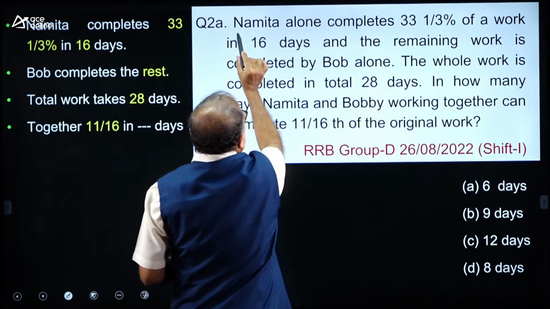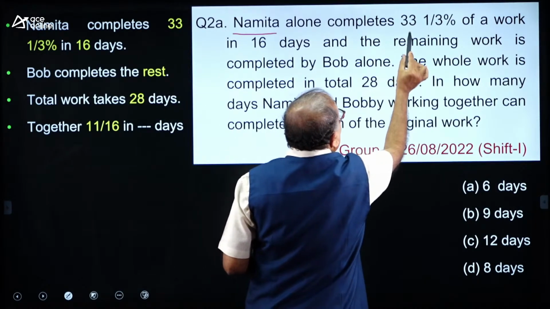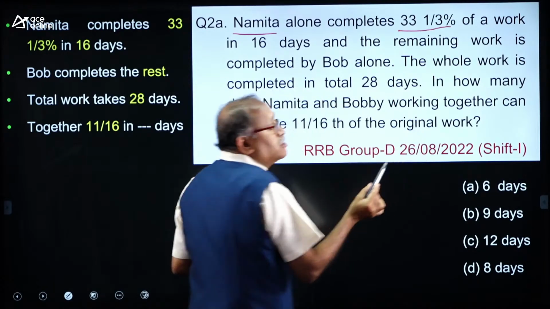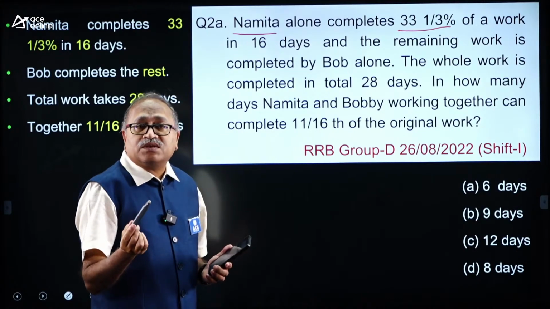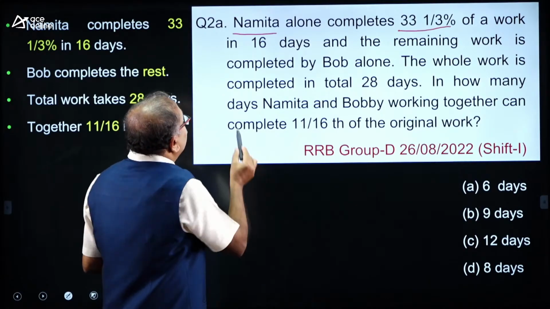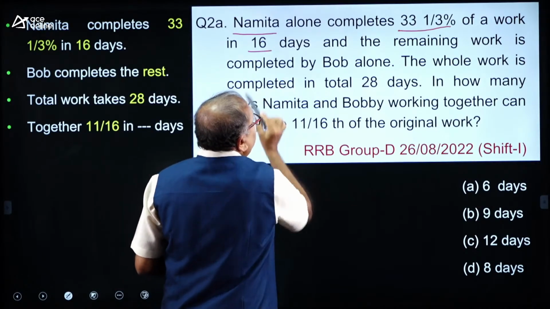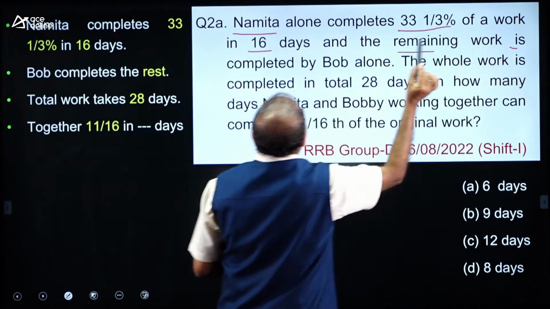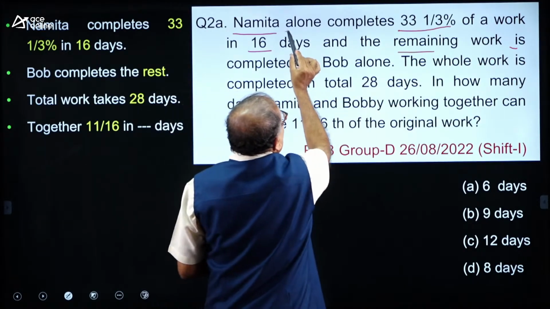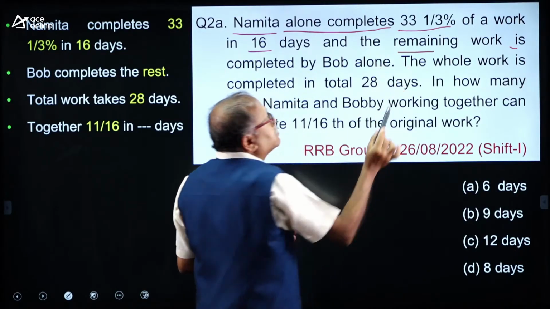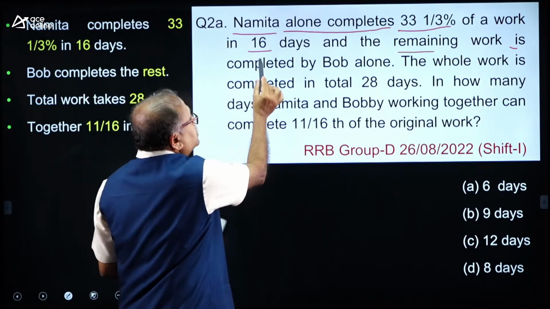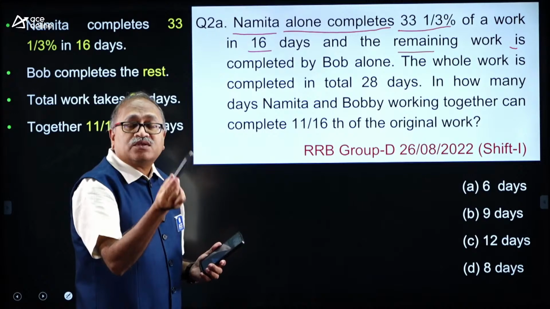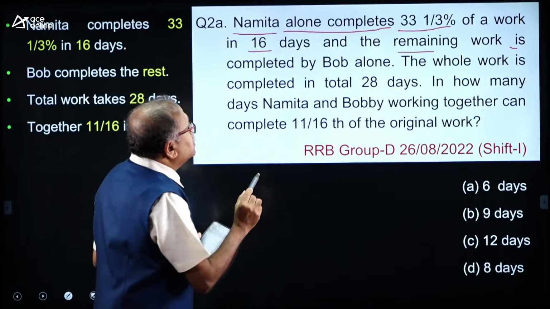Look at this one. Namita alone can complete 1/3 of the work. 33 1/3% is nothing but 1/3. So, 1/3 of the work in 16 days. Namita completed 1/3 of the work in 16 days, so the remaining 2/3 of the work is left.